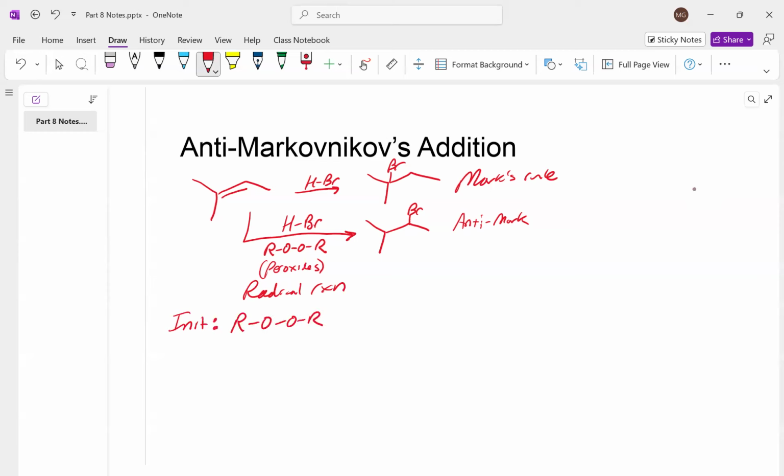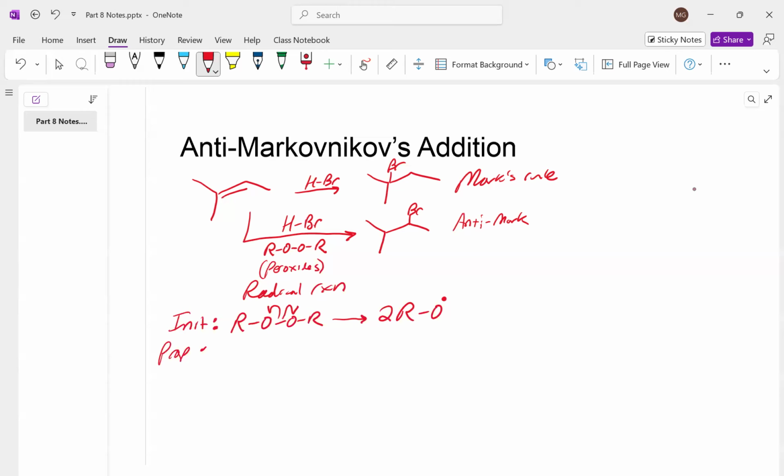So in the initiation step, that oxygen single bond is very weak and easy to homolytically cleave. And we get two radicals from a non-radical.